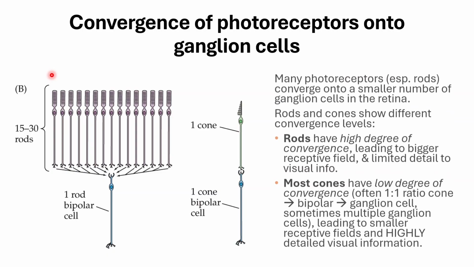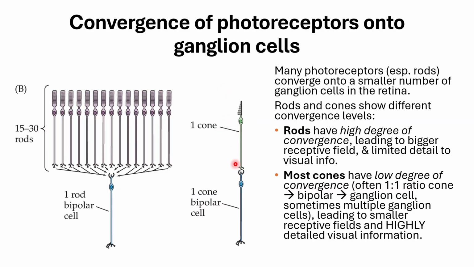Whereas cones have very little convergence. There are some places, especially on the outer parts of the retina, where you can have a few cones that may converge onto a single bipolar cell, but especially as you get closer and closer to the center of our field of view, that's where we see single cones going to a single bipolar cell.